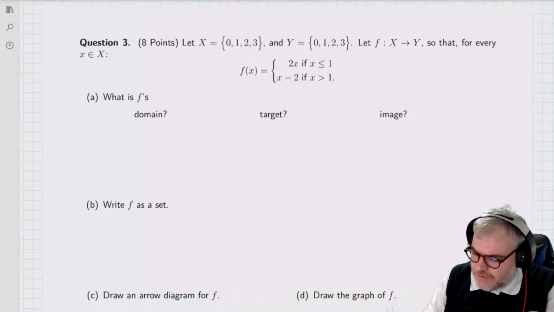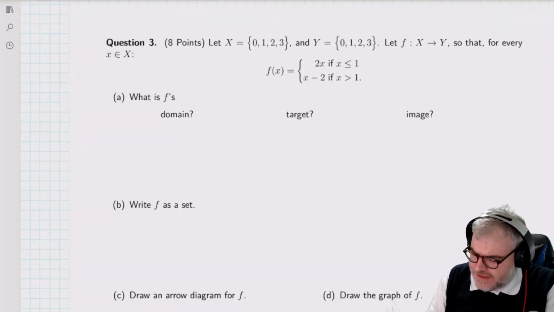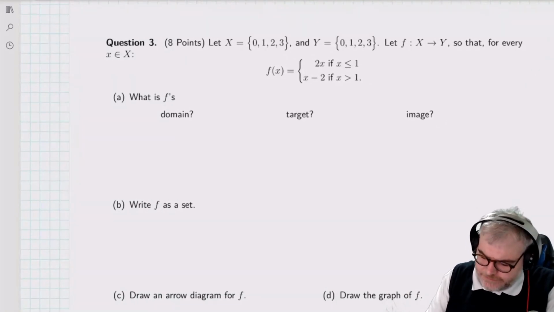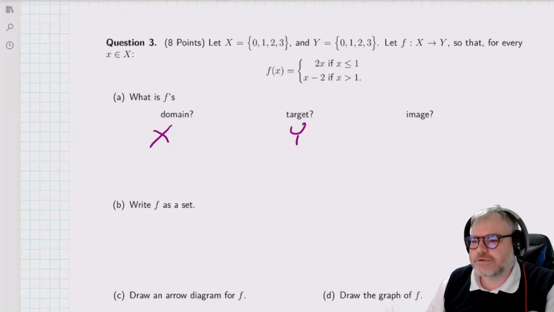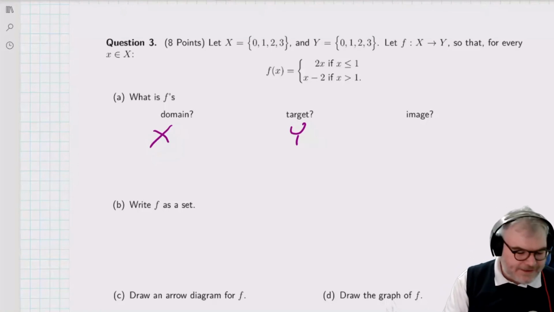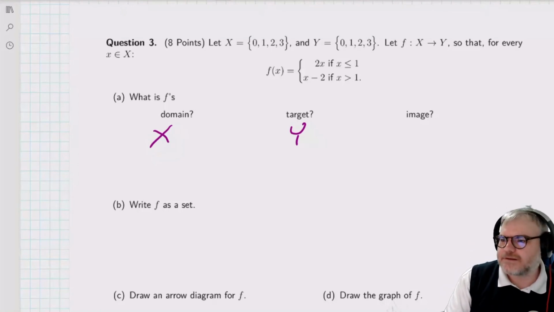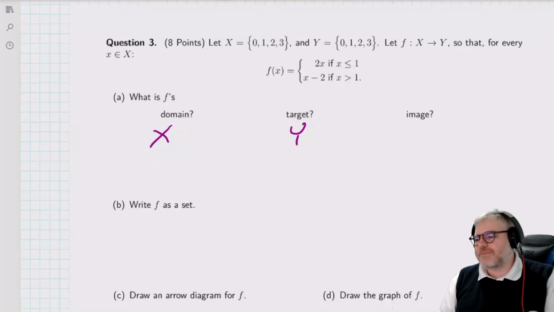All right, so let X, what is F's domain? Well, it's X. What is its target? Y. 1 to 5, how do we feel about that question right there? Number 3, A and B. I'm sorry, the first parts of A. Update, there we go.